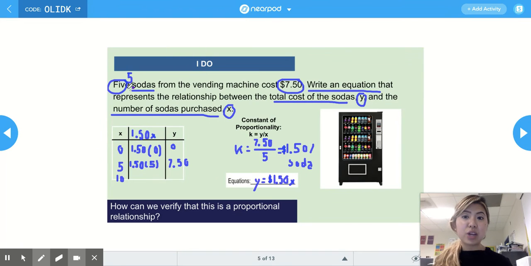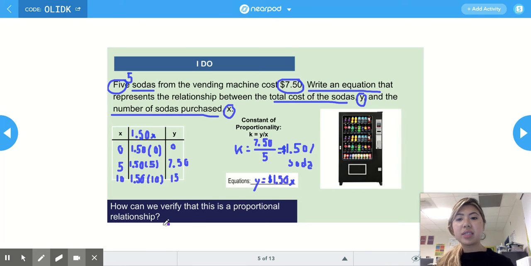And so this is accurate because that was our first sentence for this problem. 5 sodas cost $7.50. And then lastly, when x is 10, we're multiplying 1.50 by 10. And we get 15.